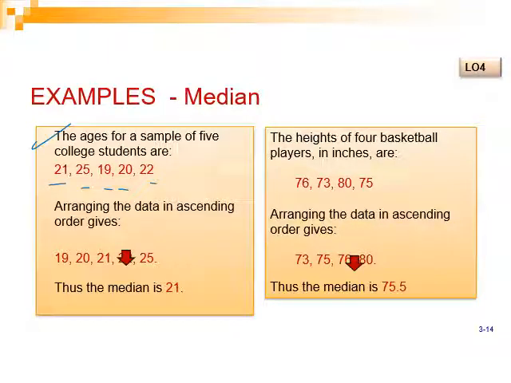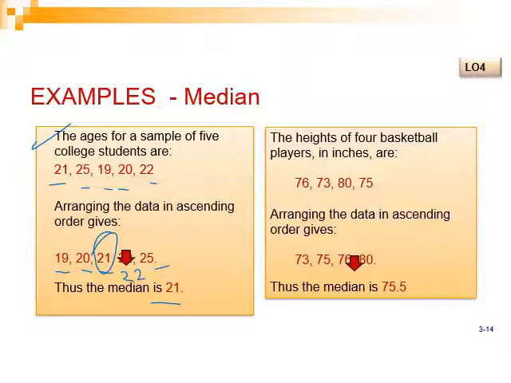So we will find 19, 20, 21, 22, and 25. And here the median is the midpoint, because there are 5 values, and the midpoint value is equal to 21. So the median in this case equals 21.